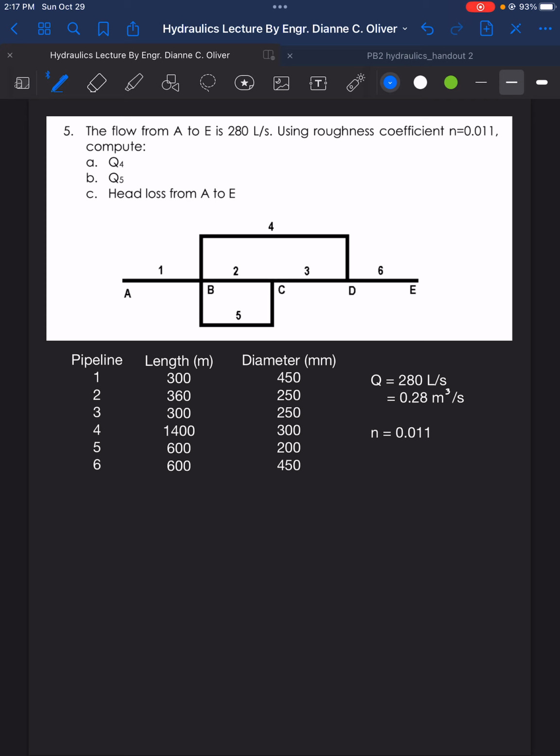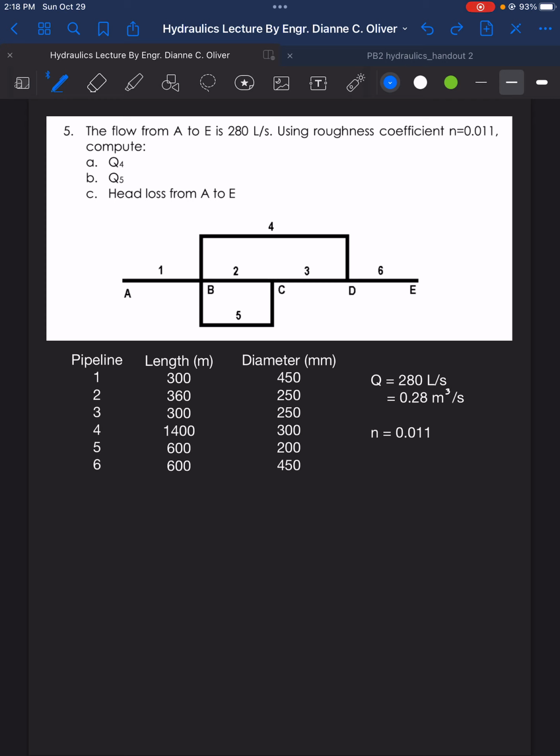Letter B, find the value for Q sub 5. And C, find the value for head loss from A to E, or that is the total head loss. Now given here are the length and diameter of the different pipes in this connection.